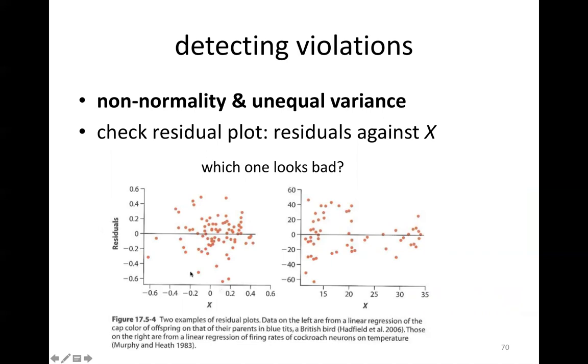Residuals, as you remember, are the difference between the observed and expected values, not the residual squares, but the residuals themselves, which will be distributed around 0. The original residuals will always be distributed around 0.